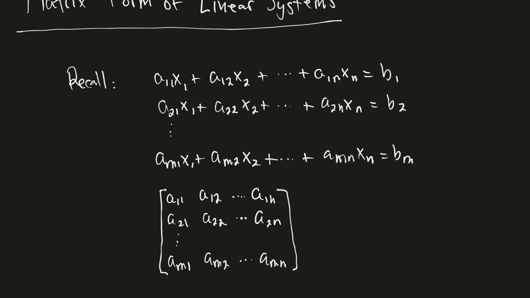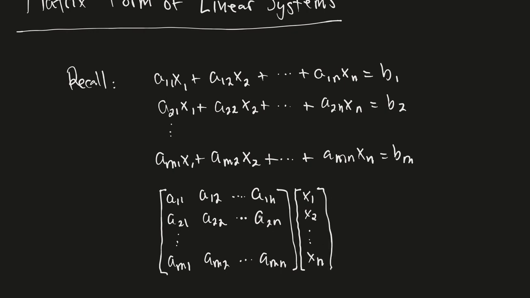So I have my coefficients there, and I have them arranged in the exact same order that they are in our linear system. Well, now if I put a column here, one of these special matrices that have just one column, and I fill that column with my variables, x1, x2, dot dot dot, xn.